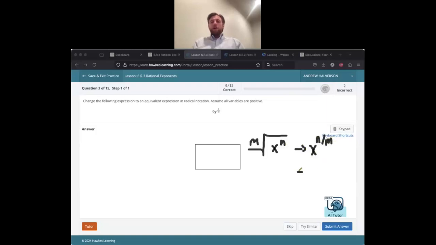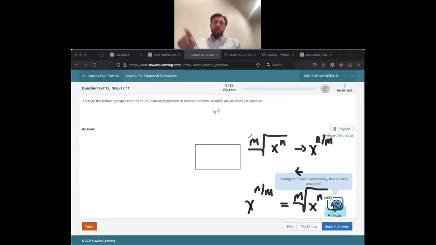It also goes in the other direction. The denominator of the fractional exponent becomes the root of the radical. So x to the n over m becomes the m root of x to the n. It works both ways.